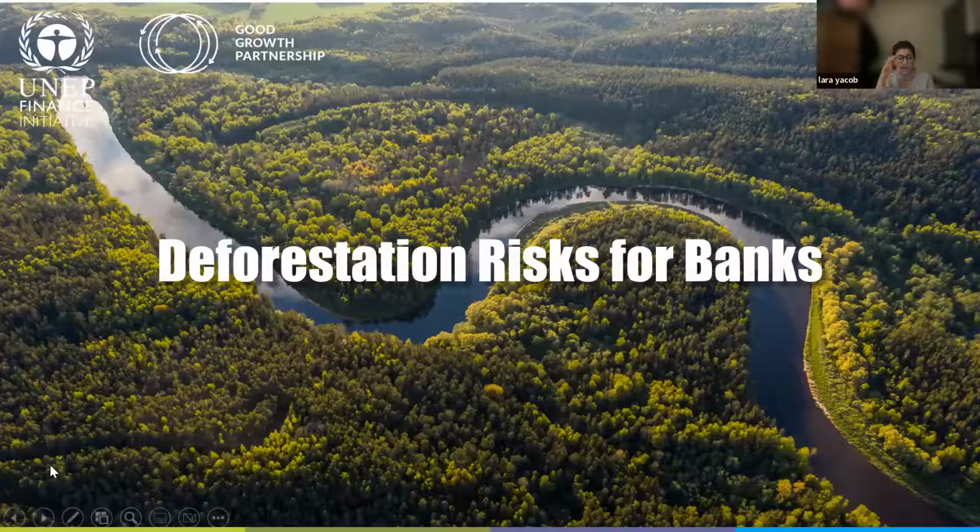It was really aiming to build capacity for banks in particular, so that they had the capacity and awareness relating to why deforestation risks matter to them, and what they can do to manage and mitigate those risks in their financing practices.